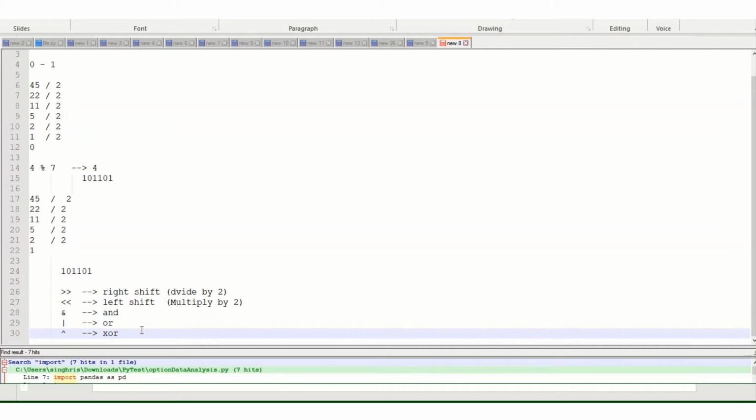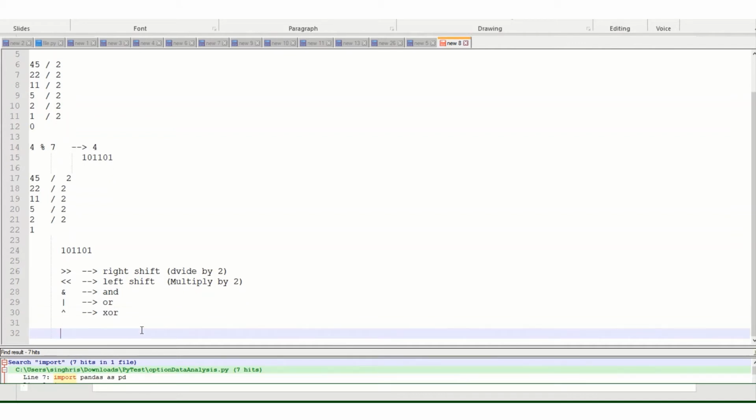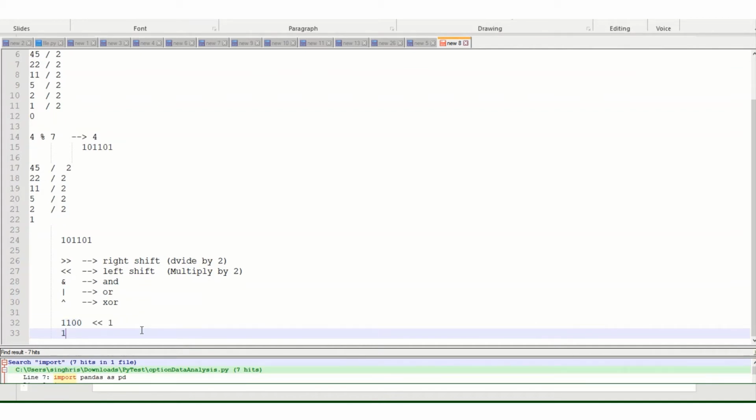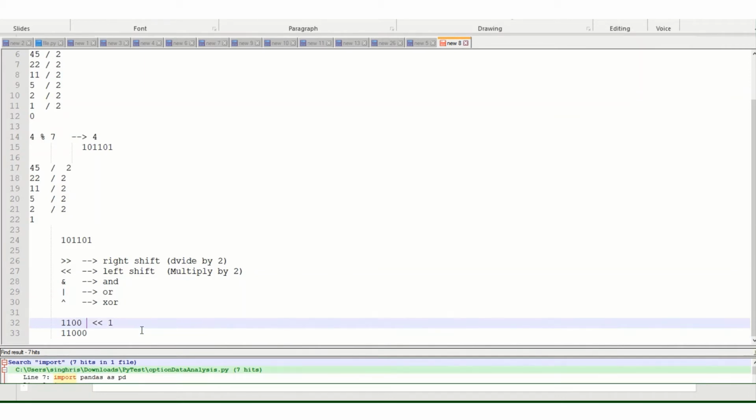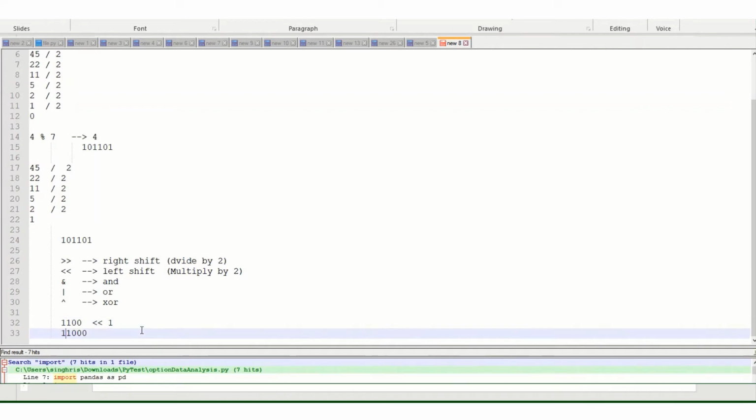So now I will give you an example. Suppose you have a value like this, 1100. So if you left shift it by 1, then simply what will be the result? This will be the result, 11000. If you are shifting a number by 1, then that number is multiplied by 2, or you can simply put 0 there at the end.